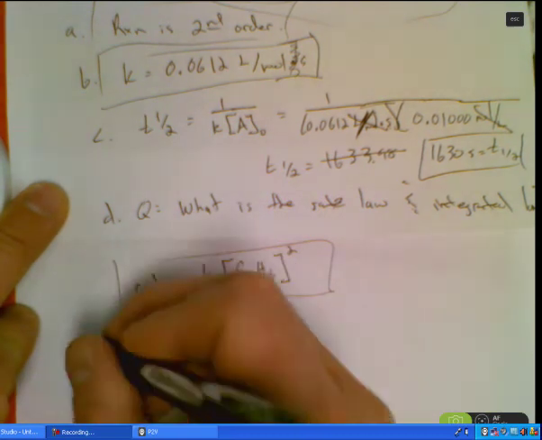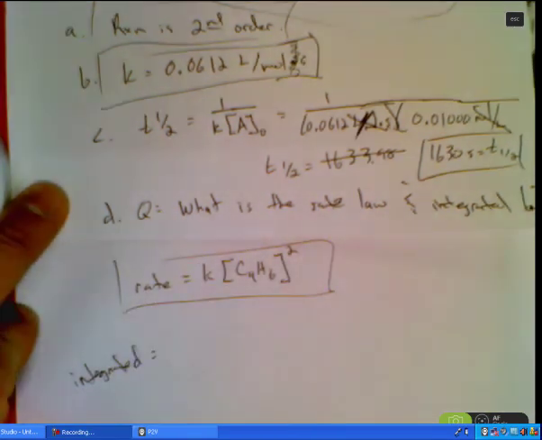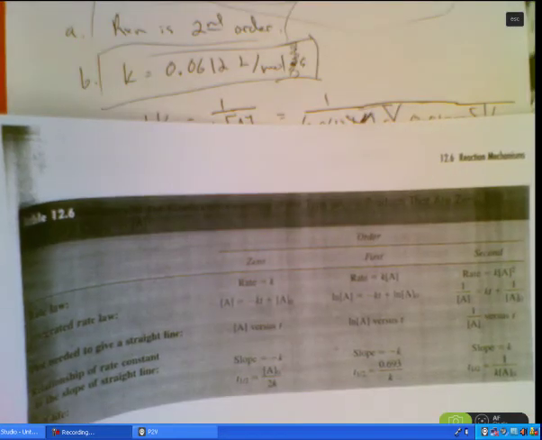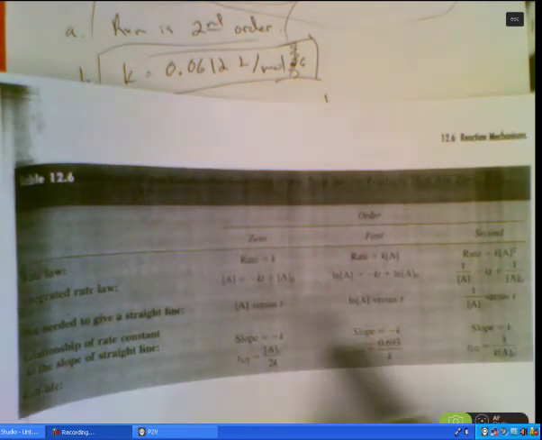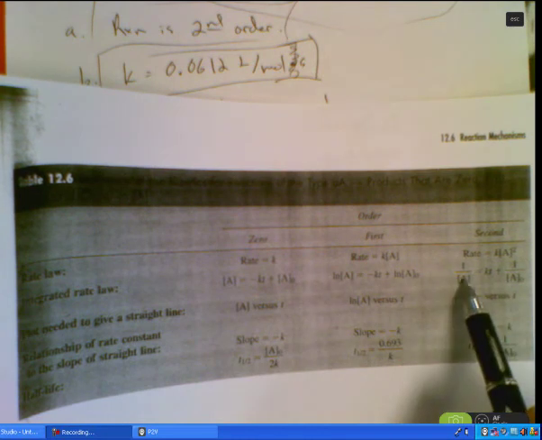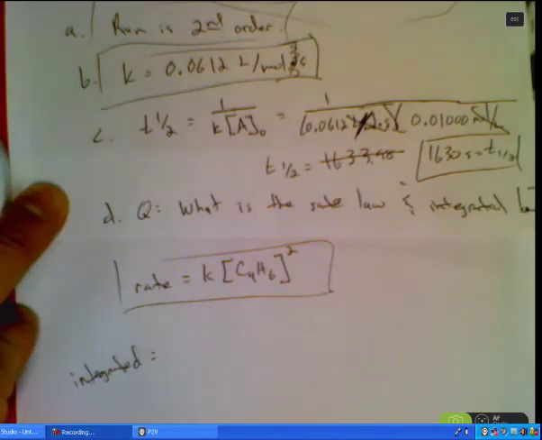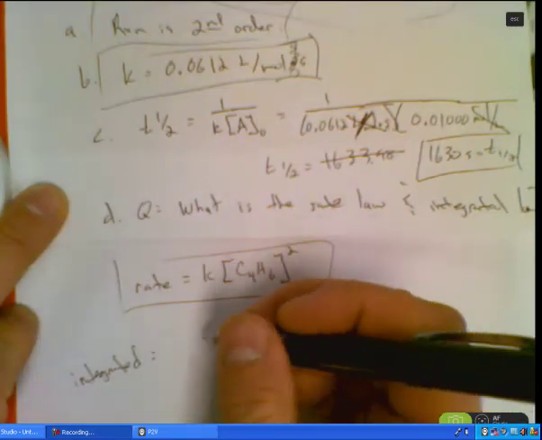The integrated version is, look at this, and here it is. So the integrated rate law, follow it over here, is 1 over the concentration of the reactant equals Kt plus 1 over the concentration of the reactant initially. I'm just going to write it out like that, but I'm going to put my own reactant in. That's all you're doing.